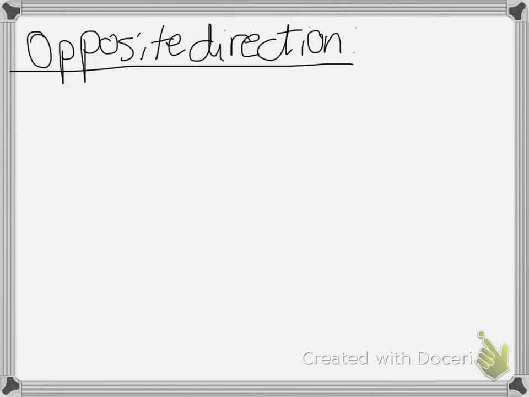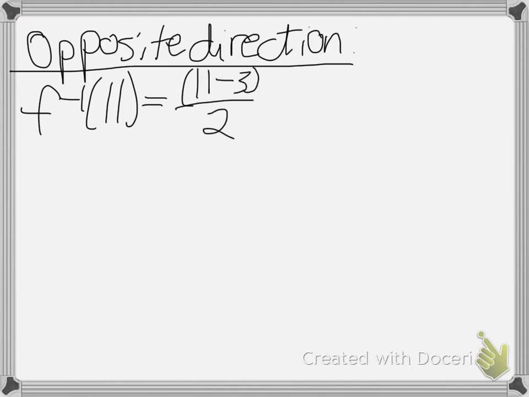Now this principle also works going in the opposite direction. So we'll do f inverse of 11 is equal to 11 minus 3 over 2. And once again, you get 8 over 2, which is equal to 4.